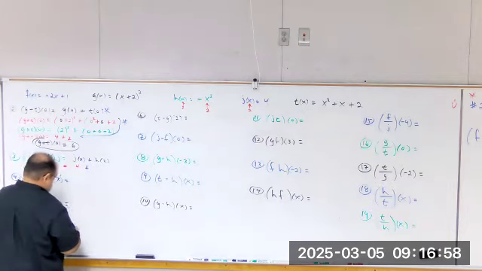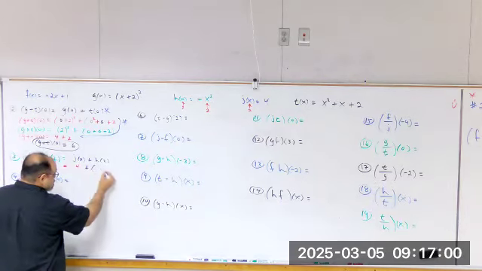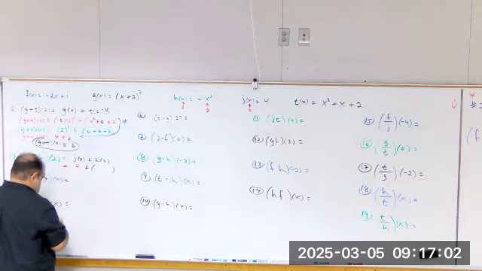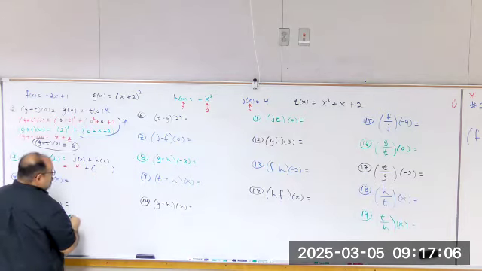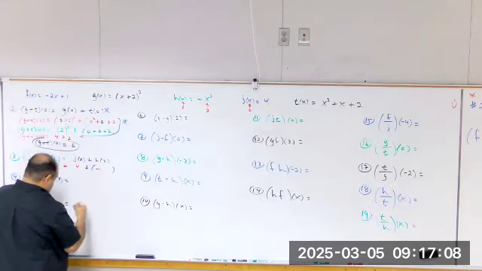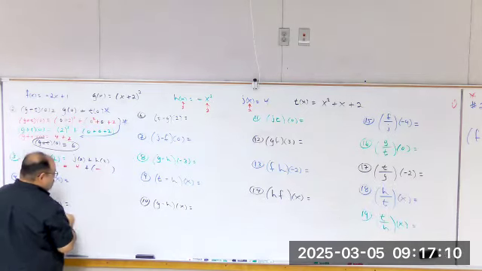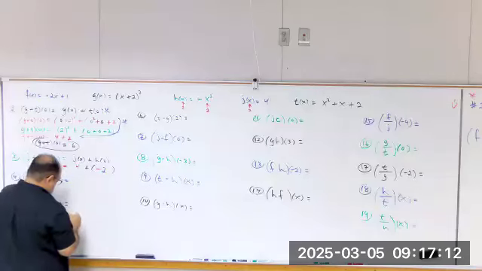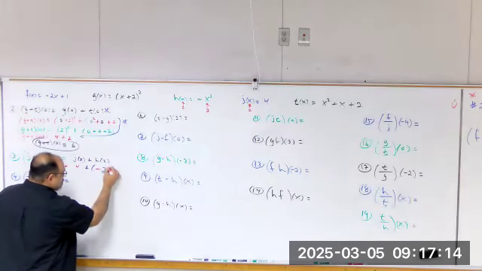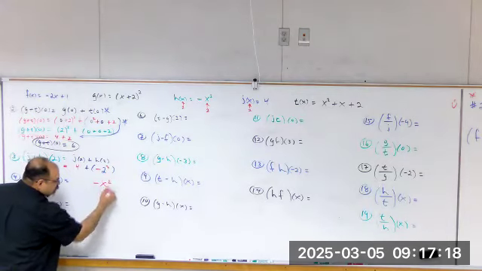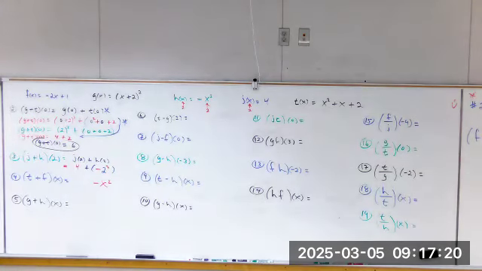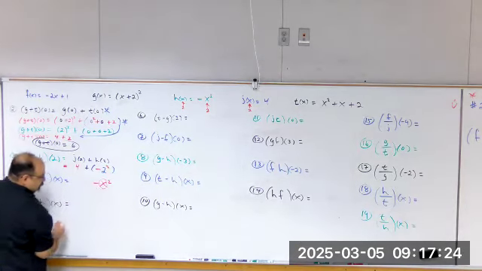Plus, I'm replacing x with a 2, so it's going to be a negative, and then I have my 2, and I'm squaring the 2. Negative x squared, and all I'm replacing is this x with a 2.